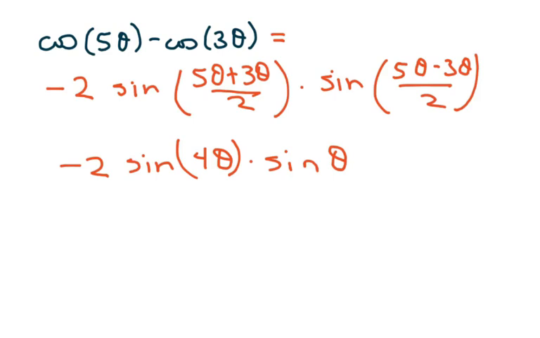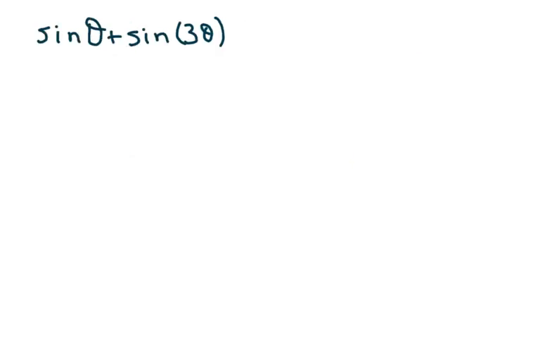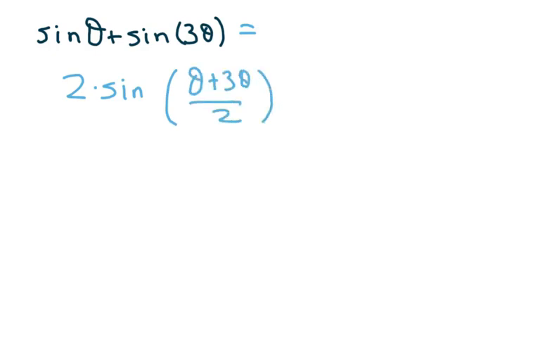Okay. The next one we have is sine of theta plus sine of 3 theta. So I'm going to use my formula. And that equals 2 times sine of theta plus 3 theta over 2 times cosine of theta minus 3 theta over 2.